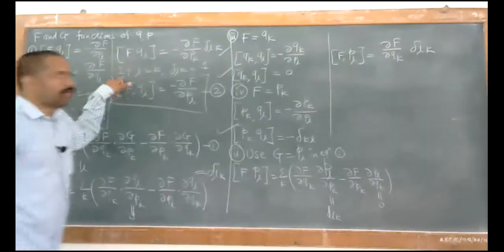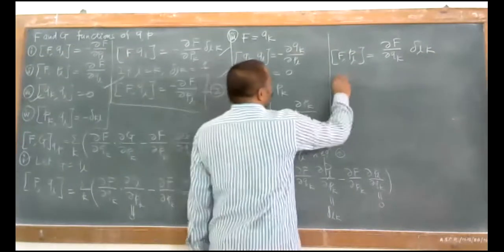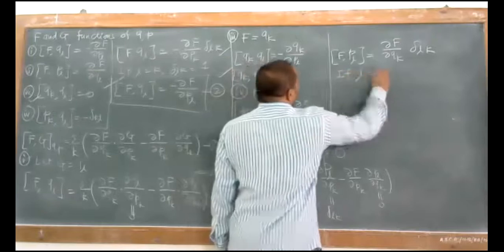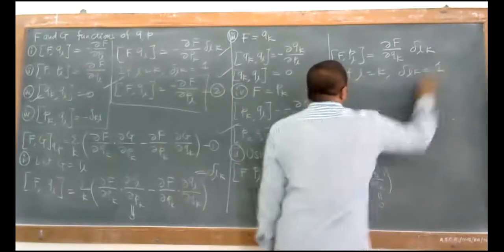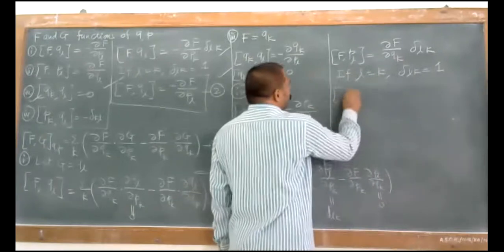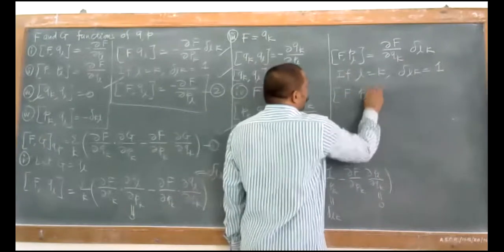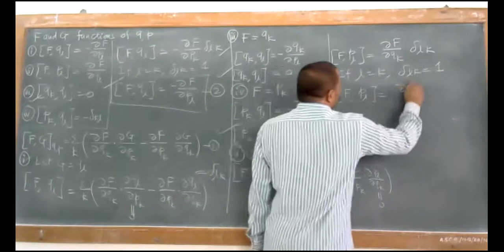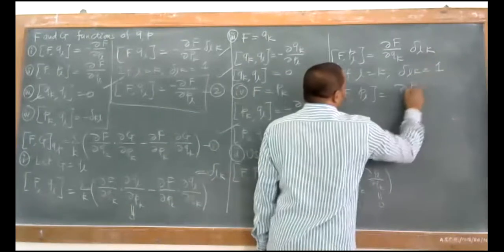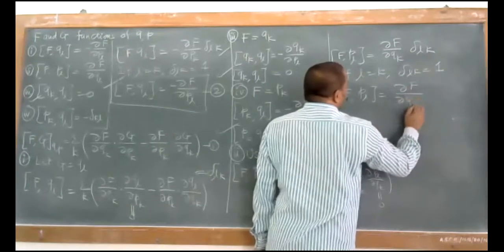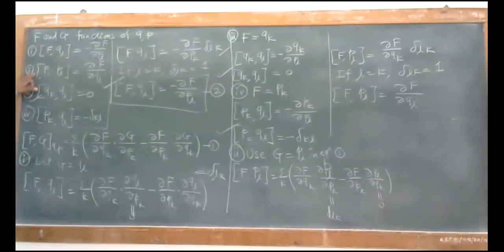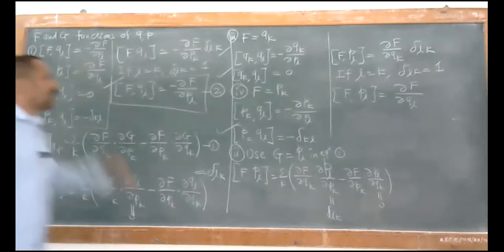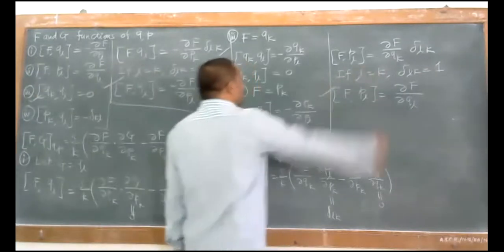If L is equal to k, this delta lk is equal to 1, and so we can have this Poisson bracket of F, PL equal to ∂f/∂ql. The Poisson bracket of F, PL is equal to ∂f/∂QL. So this is your last thing.